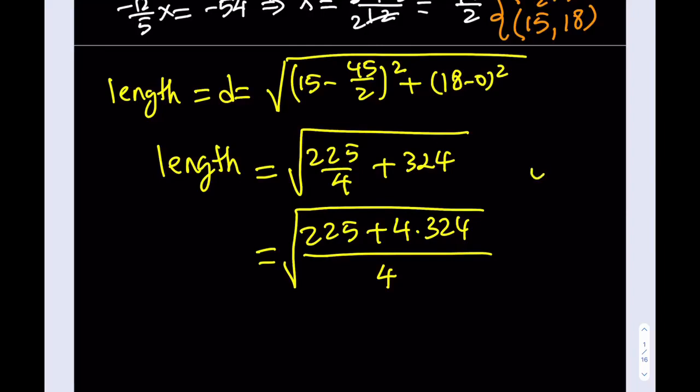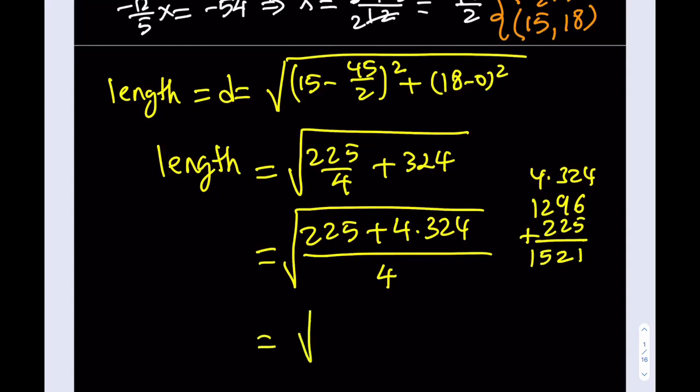Okay, 4 times 324 is going to be 1,296, correct? Okay, and then I need to add 225 to it. Let me go ahead and add those. That's going to give me a 1. That's going to give me a 2. And that should give me a 5. And that should give me a 1 here. Okay, awesome. So we're basically going to be getting 1,521 from here divided by 4.